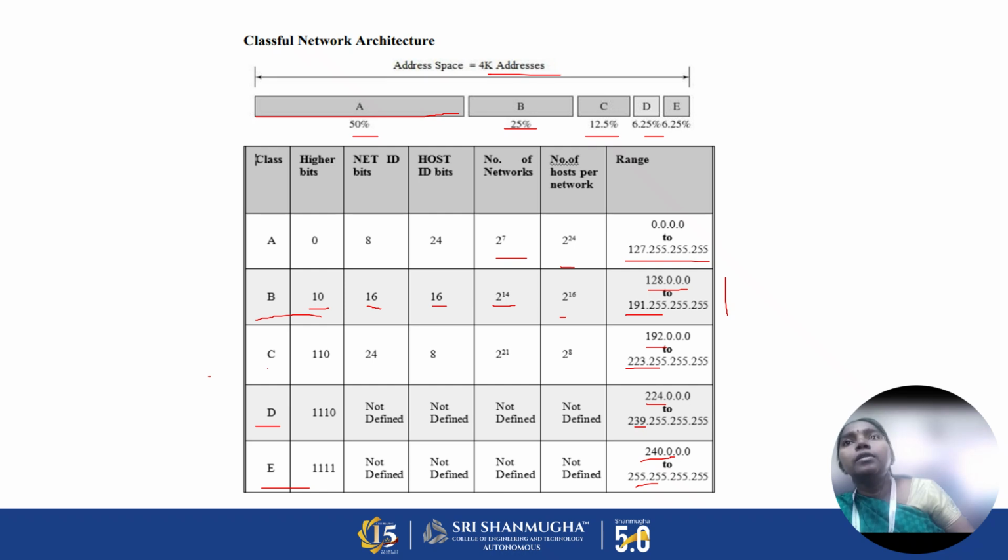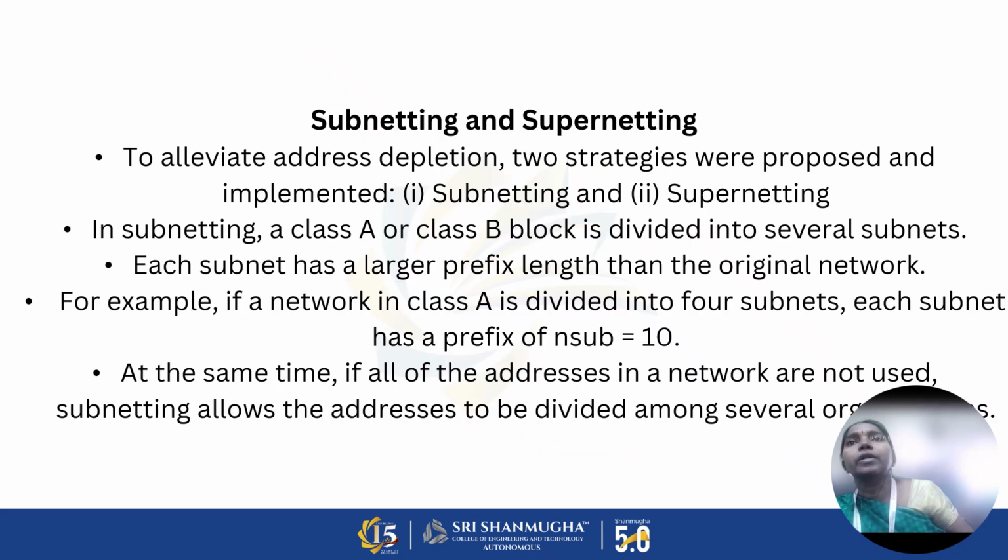The higher bits are defined as 0 for class A, 10 for class B, 110 for class C, 1110 for class D and 1111 for class E. This is the classful network architecture.